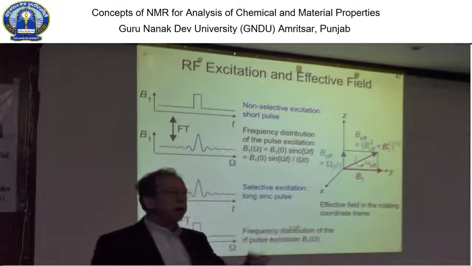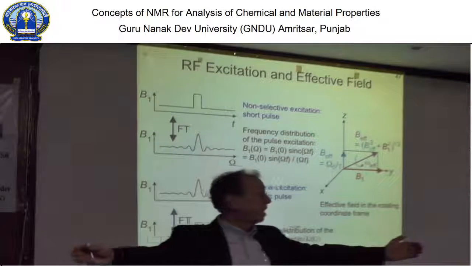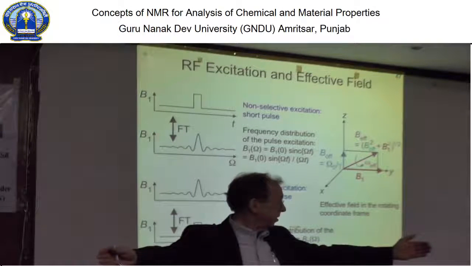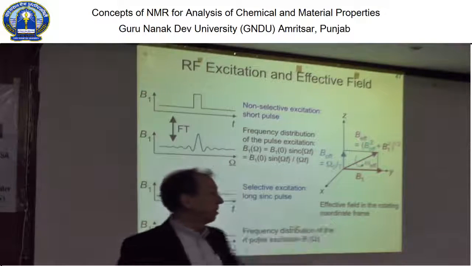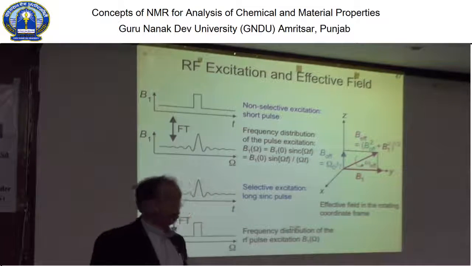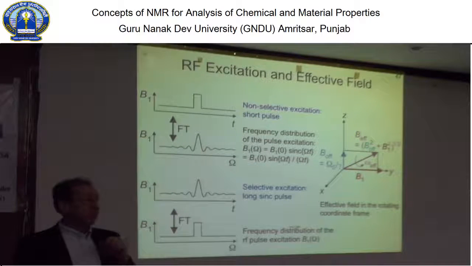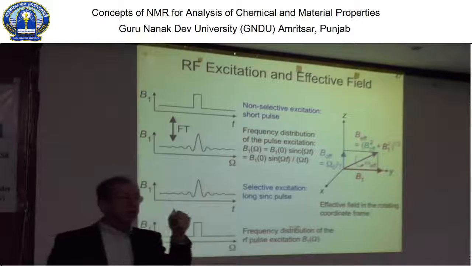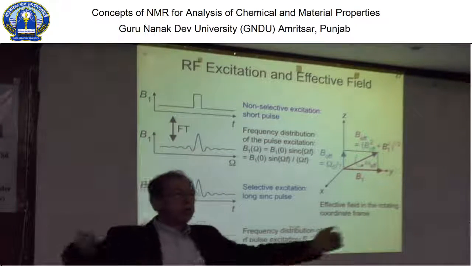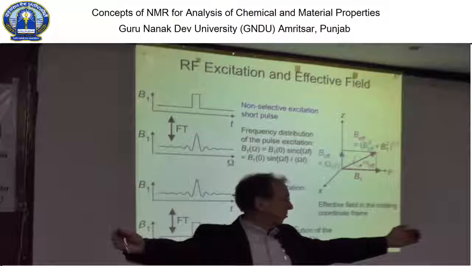They need a very powerful transmitter because your frequency range is very large. For carbon-13 at 1 gigahertz, you can figure out what frequency range that is. And you will quickly learn that the electronics is very hard to get, to do a proper 90-degree pulse for the whole width of the carbon-13 spectrum.